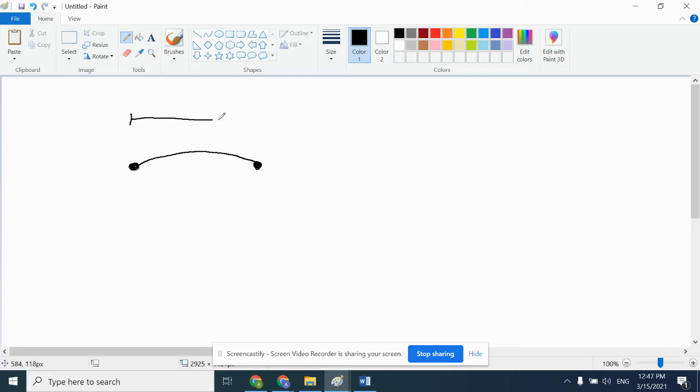This is the least amount of a wave that could be shown on a string instrument, which is half of a wave. So if the string has a length L and we're looking at half of a wave, the wavelength would be 2L.